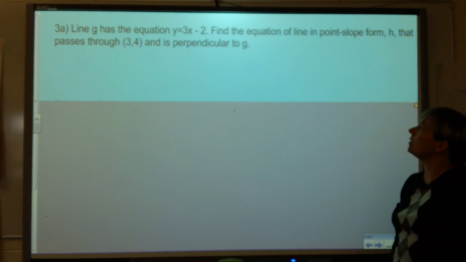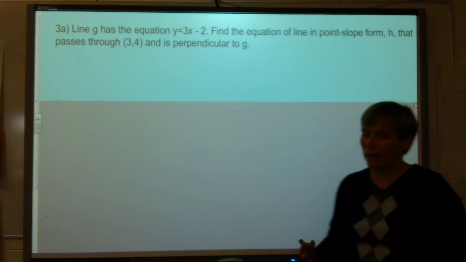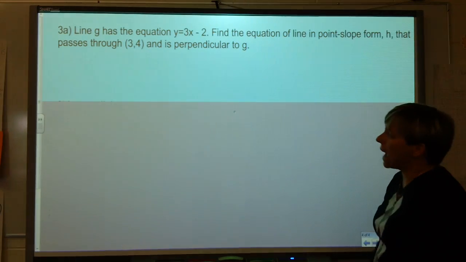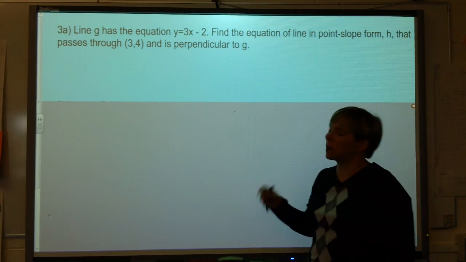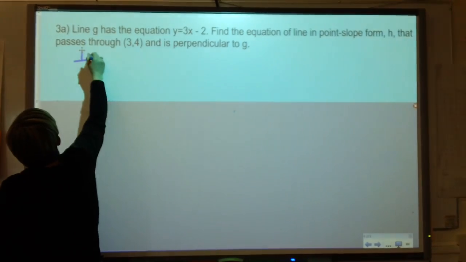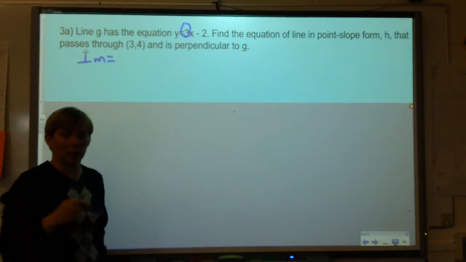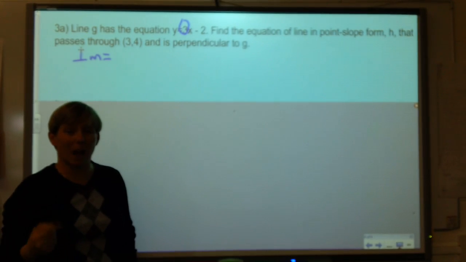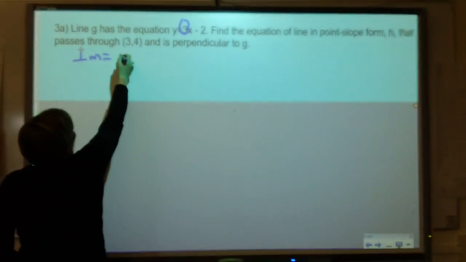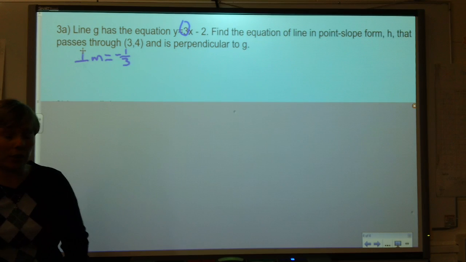3a says line G has the equation y equals 3x minus 2. I want to find the equation of the line in point slope form H, so I'm just saying I'm naming my line H, that passes through 3, 4 and is perpendicular to G. So again, my perpendicular slope, if this slope is 3 and I want to be perpendicular to that, then I need to be opposite inverse. So that means I'm going to have a perpendicular slope of negative 1/3.